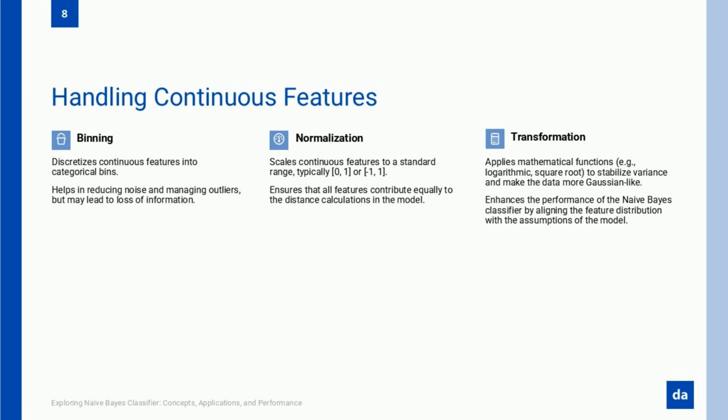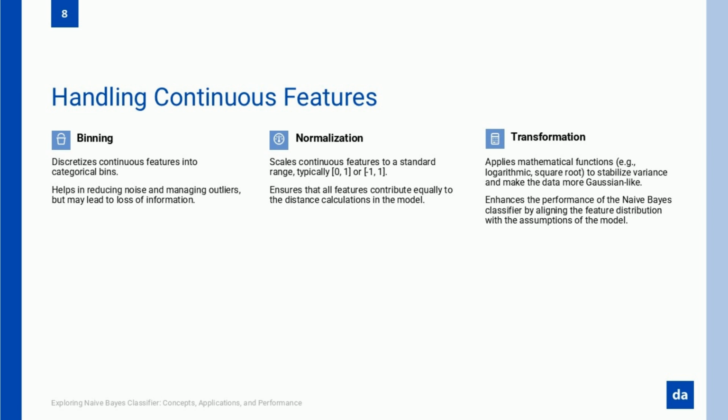Another method is normalization, which scales continuous features to a standard range, typically between 0 and 1 or -1 and 1. Let's say one feature represents a person's height in centimeters, while another is their age in years. Without normalization, the feature with the larger scale, height, might dominate the model's calculations, even if it's less important.